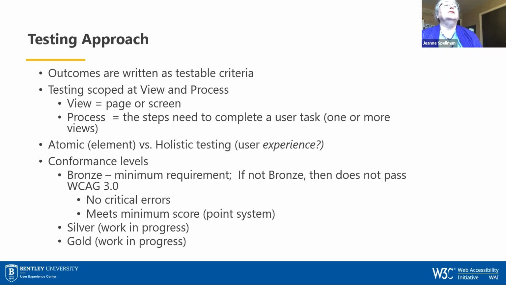A view is the equivalent of a page or a screen, and then the process is the steps needed to complete a task, and this can go over many views. So we're trying to move more toward what the user is trying to accomplish and measuring that, rather than how much alt text is there, for example. We still have that, but we are moving more toward a task orientation.